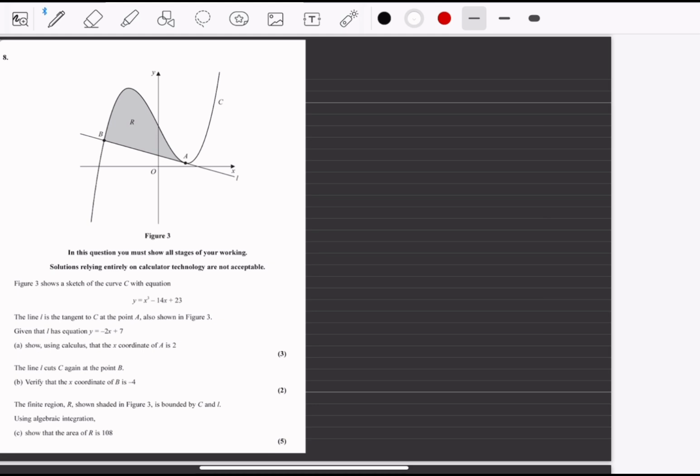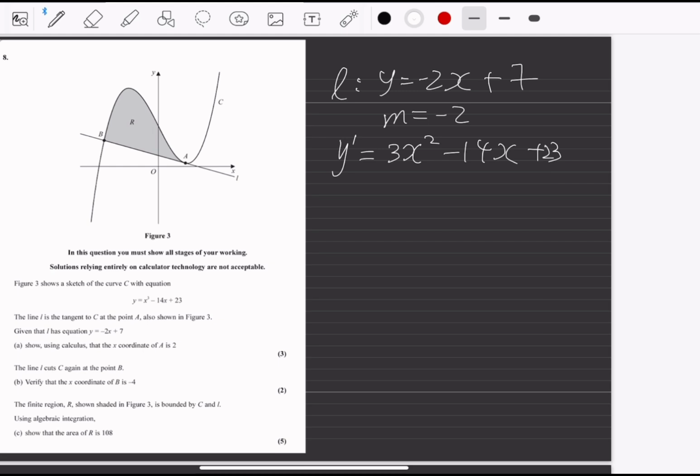As we can see, the tangent line L, y equals minus 2x plus 7, has gradient equals minus 2. That means if we differentiate the curve function y with respect to x, which gives us 3x squared minus 14x plus 23, then that should give us minus 2.